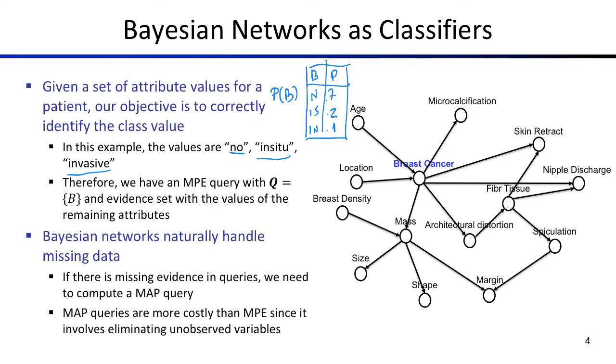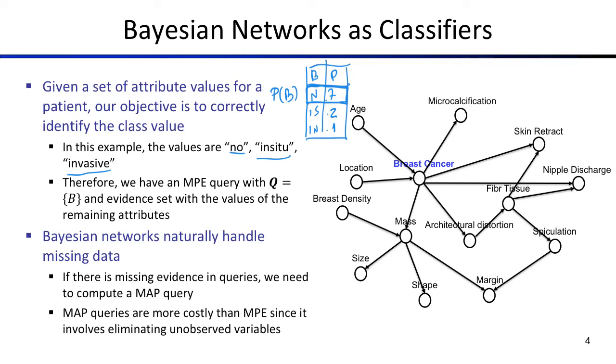And we're going to take the instantiation of B with maximum probability, which in this case is null, right? And we conclude that the classifier is predicting the class null for this specific patient.